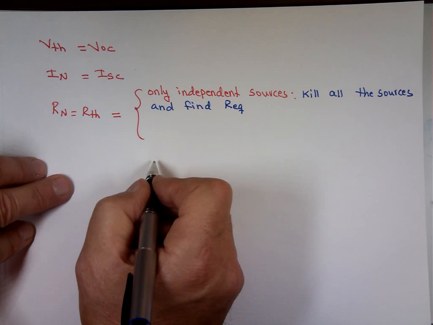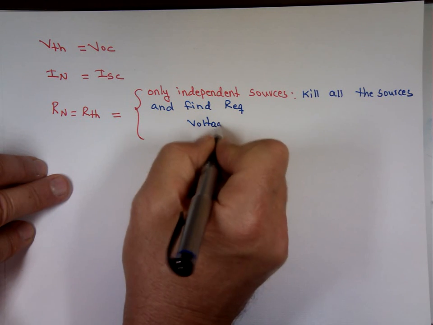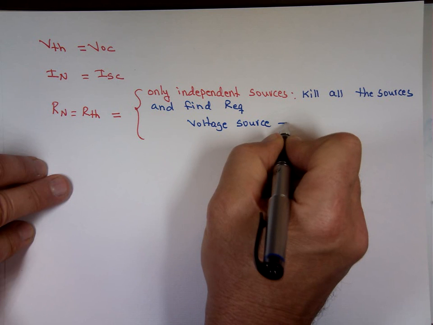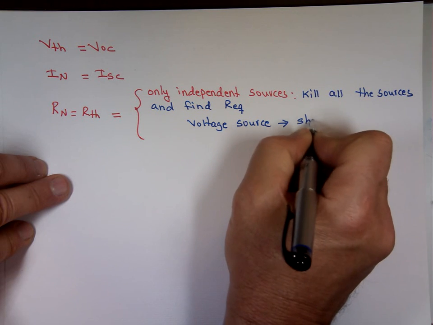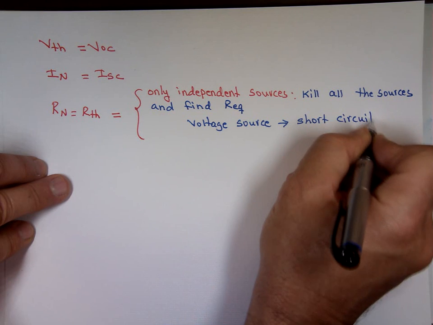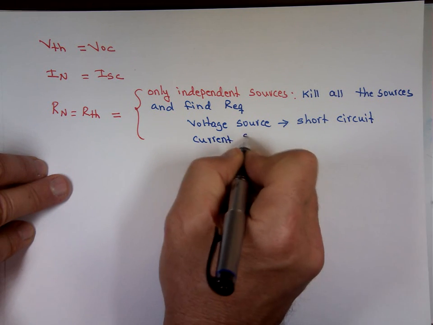We said the voltage source becomes what? Summarizing here. Short. Current source becomes what? Open.